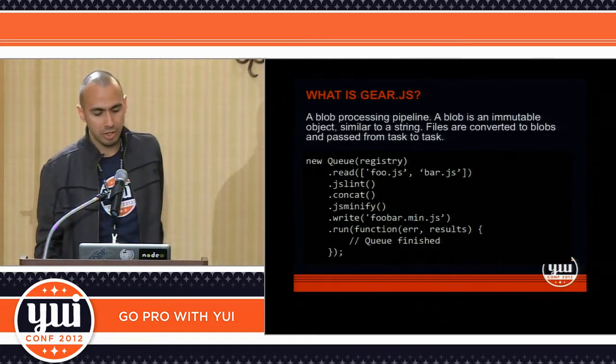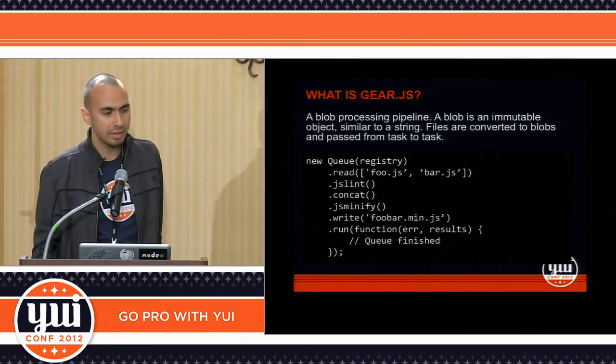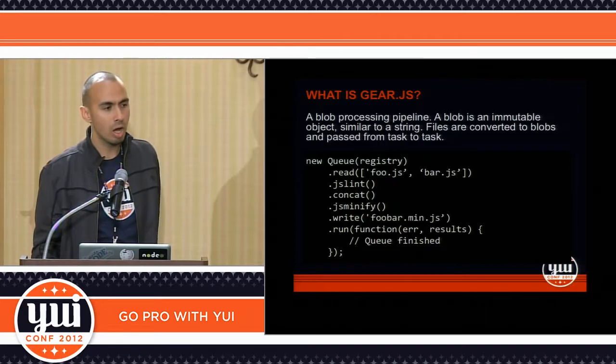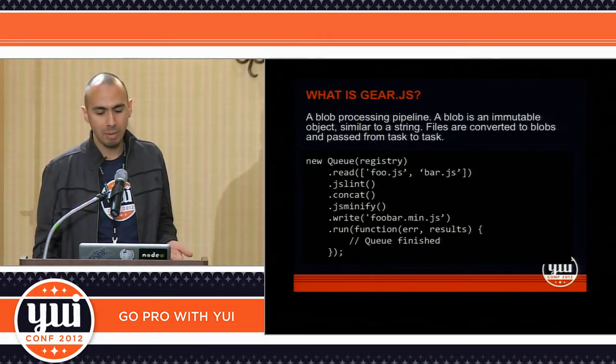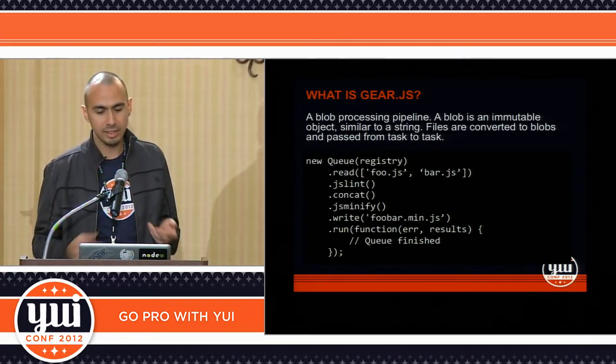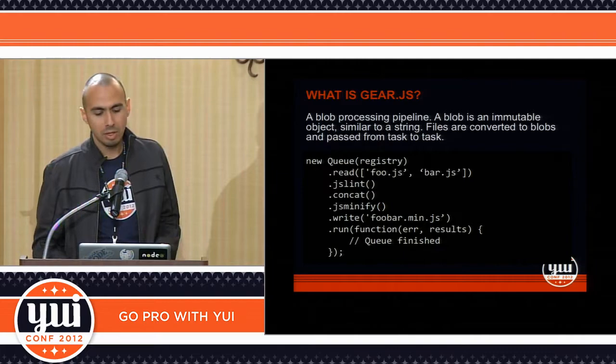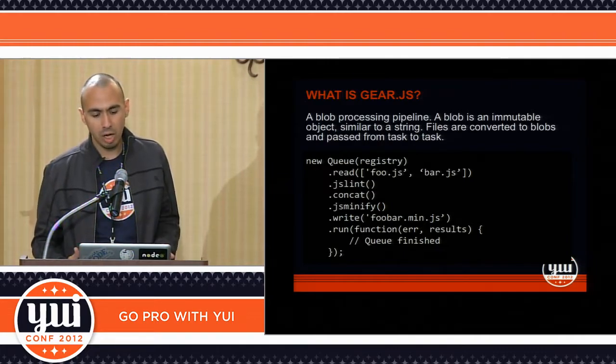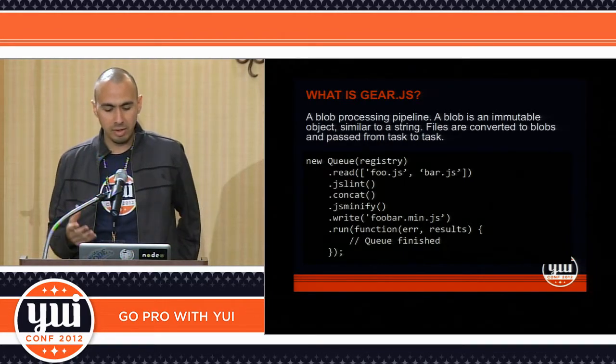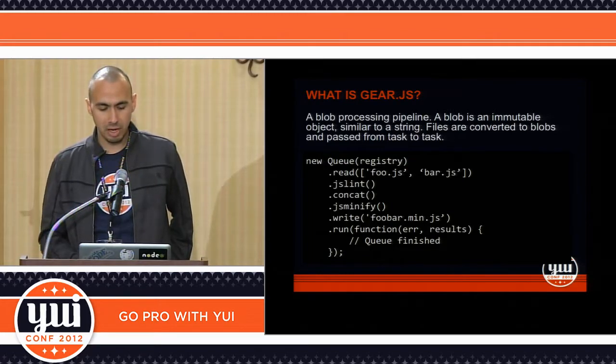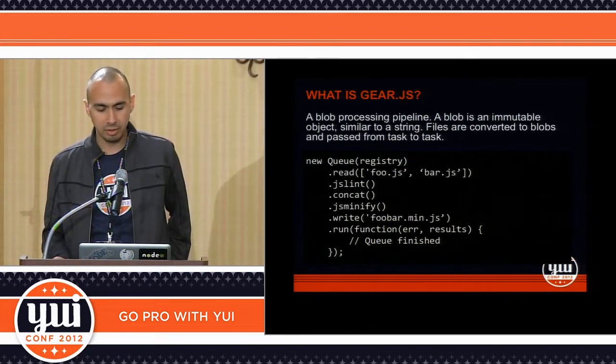And what is Gear.JS? Gear.JS at the core is a blob processing pipeline. And what do I mean by blob processing pipeline? Well, you can think of a blob as kind of an immutable string. And so the read method here will take these file names, read those files, turn them into blobs, and then each task will have this list of blobs which it operates on asynchronously.